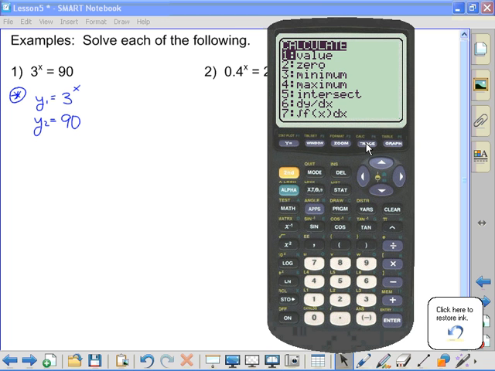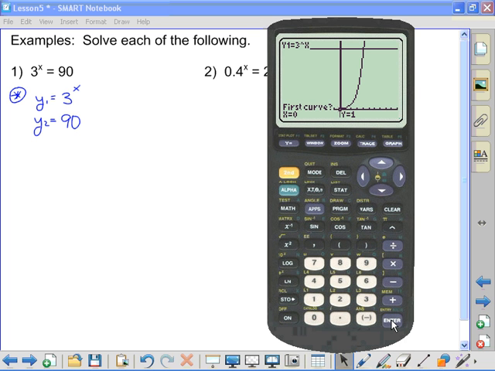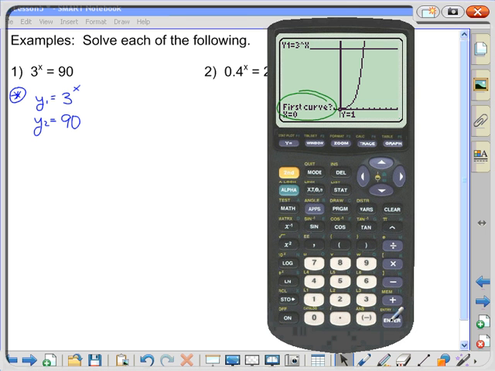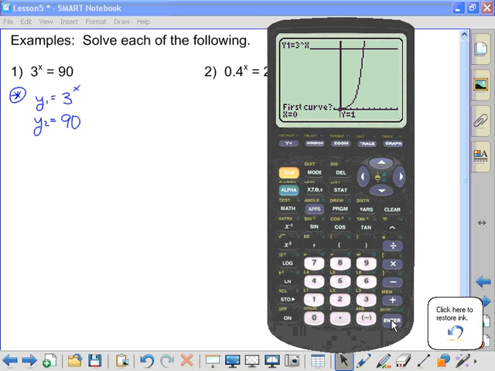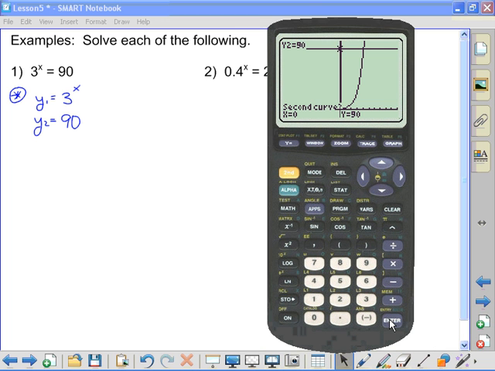So what we're looking for is number 5, the intersection. So to intersect, hit enter. It asks you at the bottom what graph or what line you are using. We only have 2 graphs graphed, so the answer to both questions is going to be yes. So you hit enter, and you hit enter again because now it's asking, is this the second line? Yes.